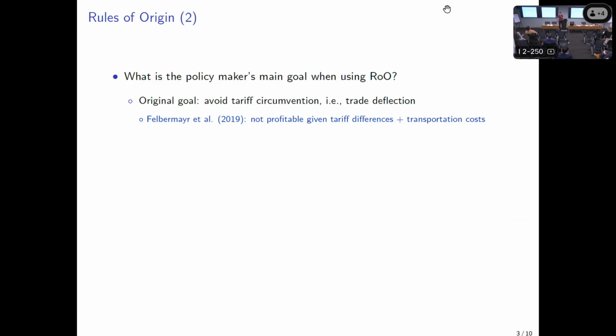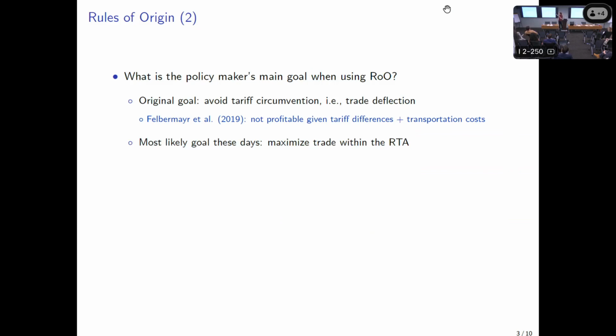Otherwise, it doesn't make sense to circumvent the MFN US tariffs through Mexico. A recent paper actually finds that, given that MFNs are very similar across countries and given some transportation costs, it doesn't make sense to do this circumvention. So rules of origin don't seem to matter anymore for the original goal they were trying to achieve.